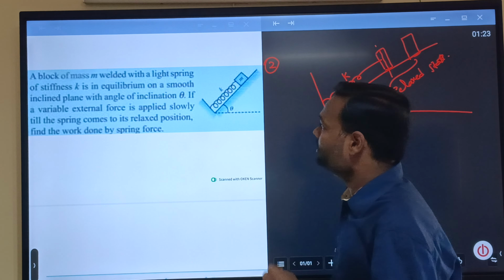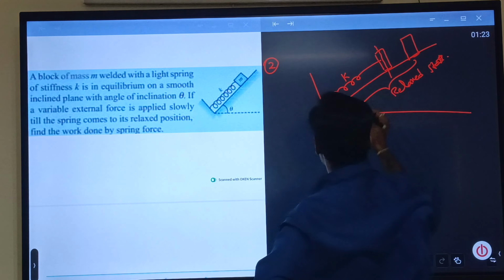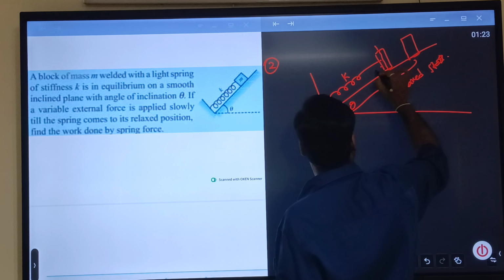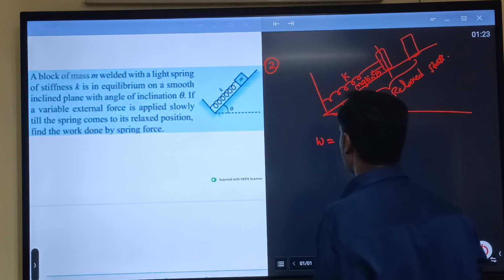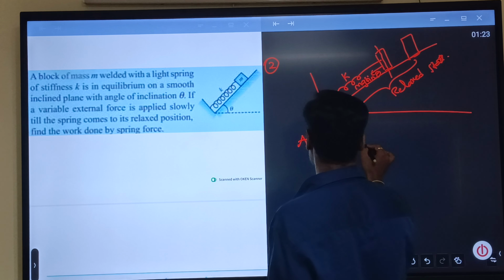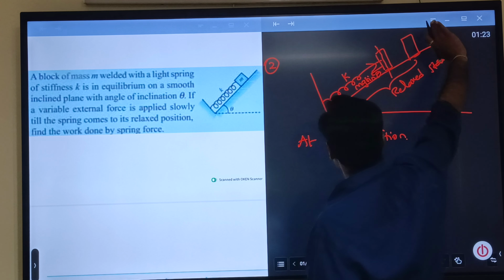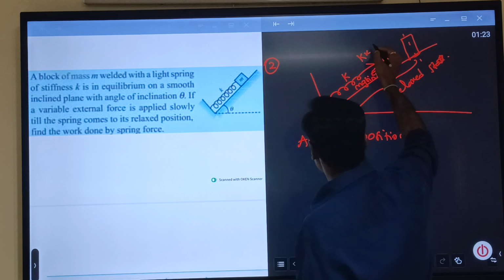Now see here, mg sin theta will act like this. At the rest position, the system is at rest and the spring is trying to pull towards its mean or relaxed position, so kx will act in the upward direction.